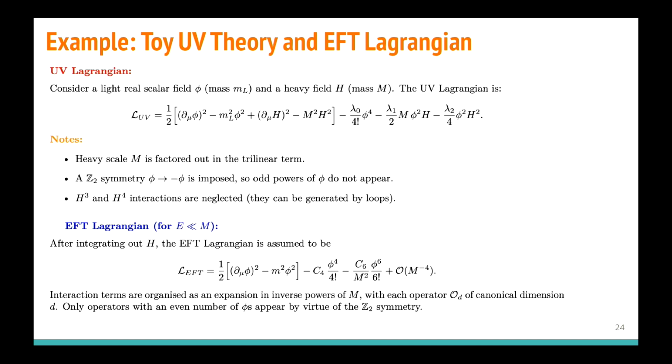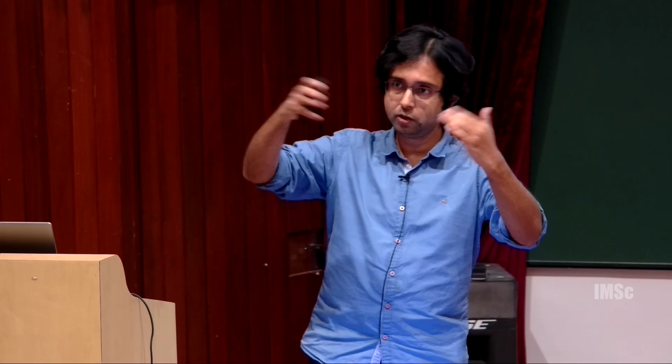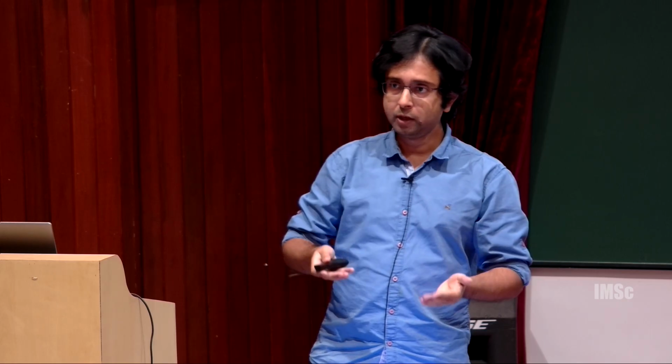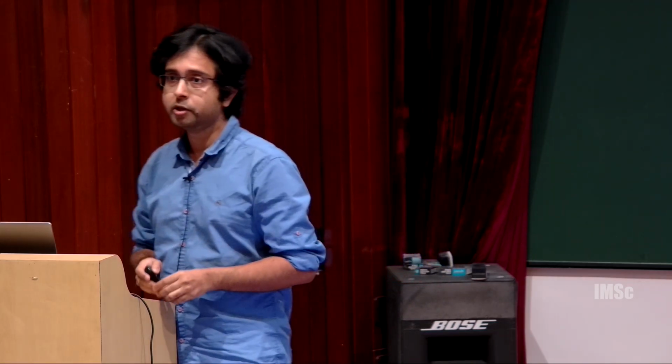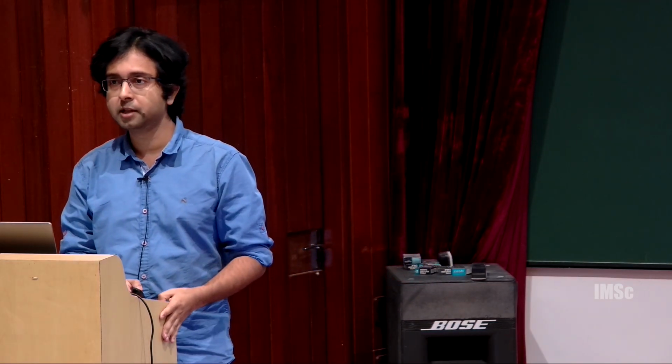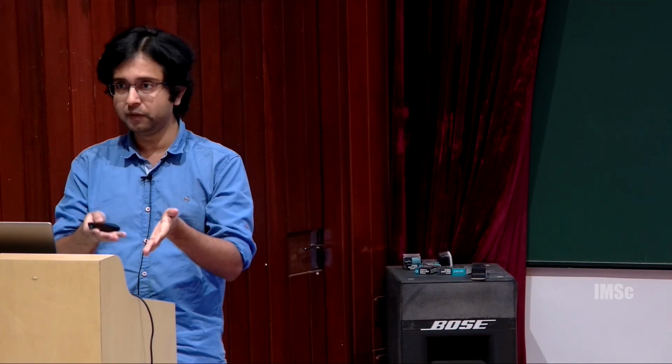The question is whether we will have more operators when we come from the top-down approach compared with the bottom-up approach. The answer is in general no, because a top-down approach means that we assume that we know the UV theory. When we integrate out the heavy fields, we get certain operators, but these operator coefficients become functions of the original theory parameters. In the bottom-up approach, all these operators are independent because I have no clue about my UV theory.